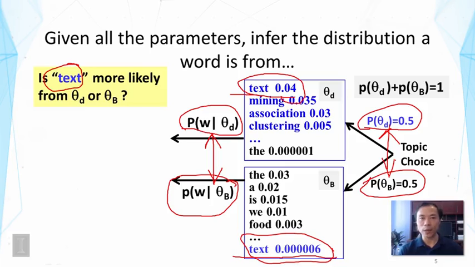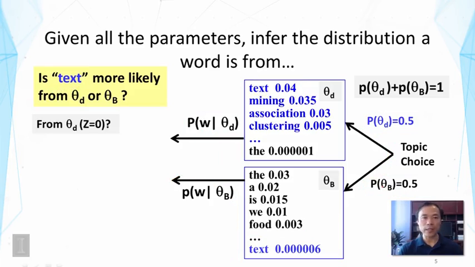You might think, well, wait a moment, maybe text could have been from the background as well. Although the probability is very small here, the prior is very high. So in the end, we have to combine the two. And the Bayes formula provides us a solid and principled way of making this kind of guess to quantify that.